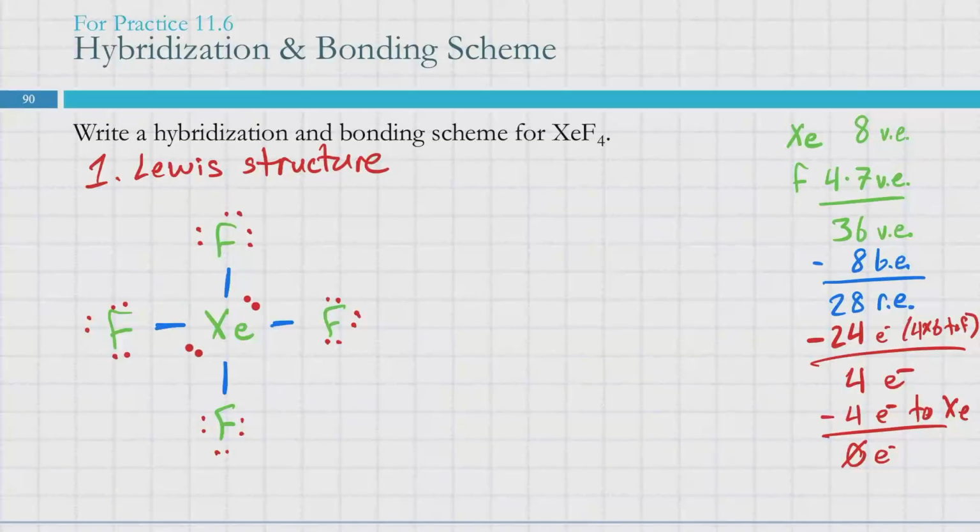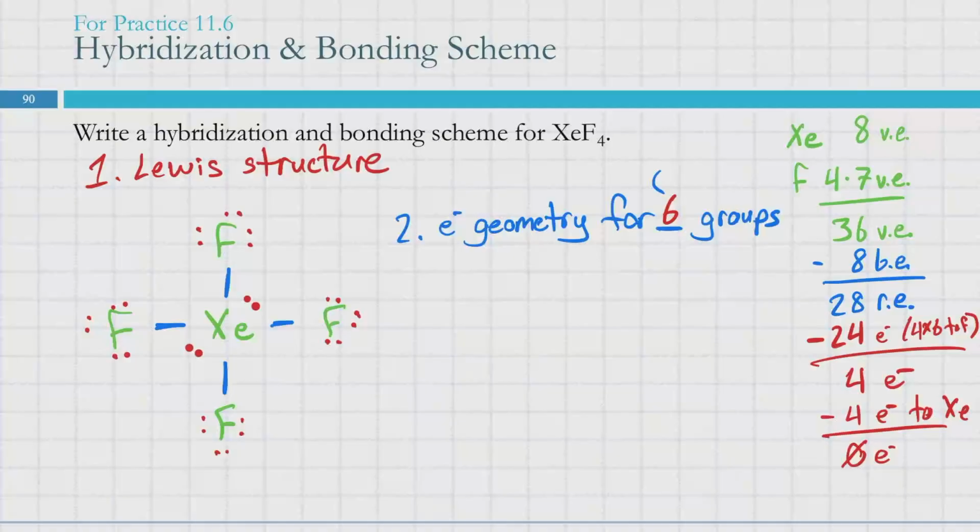Now we need to figure out electron geometry. How many electron groups do we have on xenon? 6. So we're looking for 6 groups.